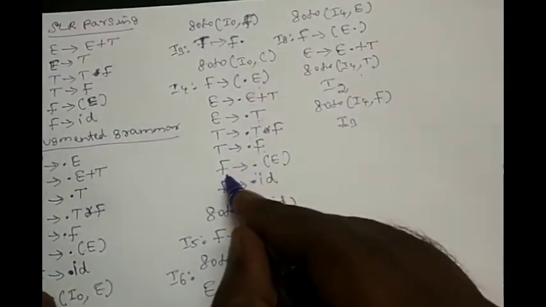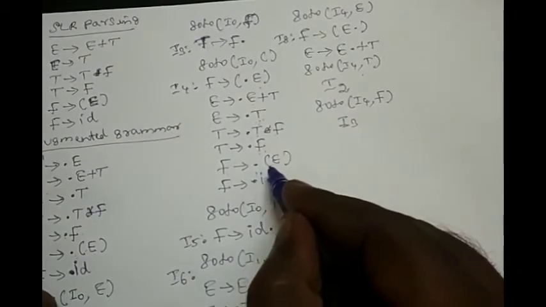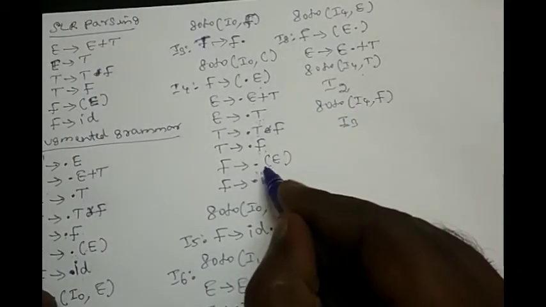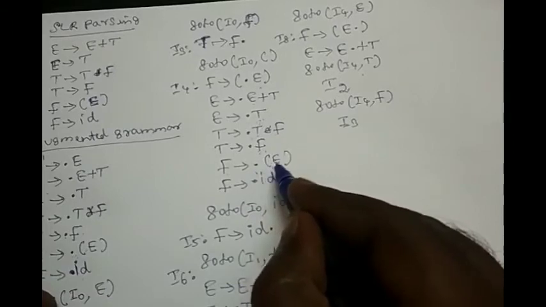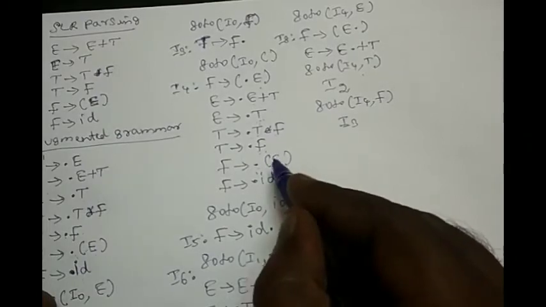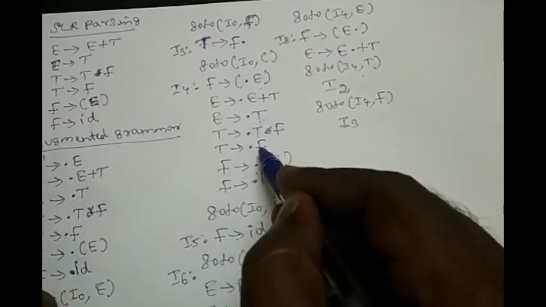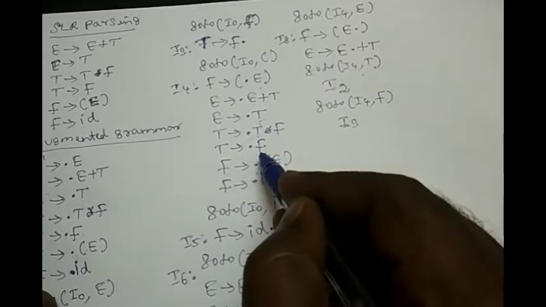Now when I evaluate this open bracket, dot is before open bracket here. When I evaluate it, this dot will be moving one step to the right and it will be E. You have to include all the E productions. When you include E productions, then you will get T here. You have to include all T productions, then F is there. You have to include the F productions.